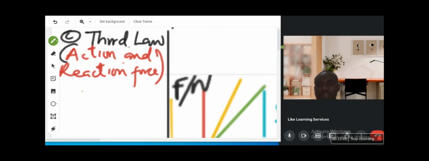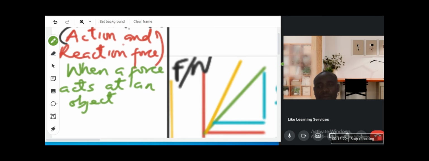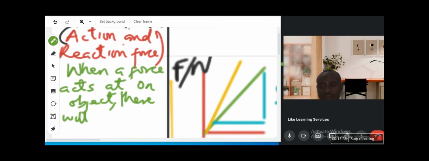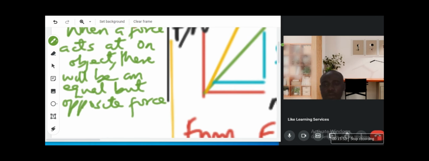The simple way of putting it is, when a force acts at a point on an object, or even from an object, there will be an equal but opposite force acting as well.